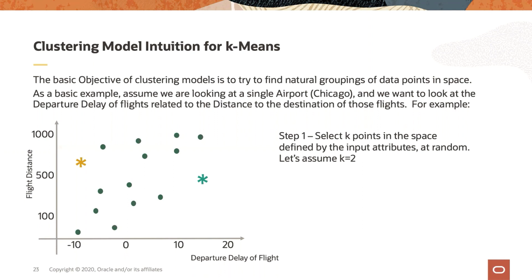Assuming k equals 2, I randomly select 2 points in the space. And you might say, hey, but these are not very well located. Well, they're not really. They're kind of in this weird position right now. And that happens. So you will try to find those things randomly.